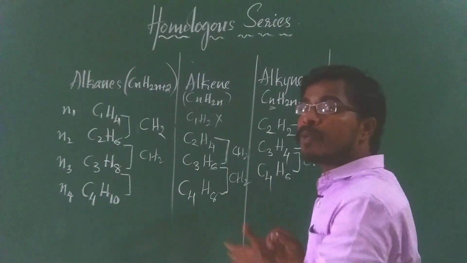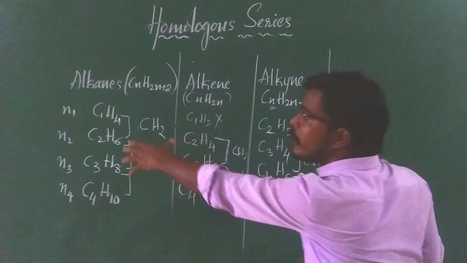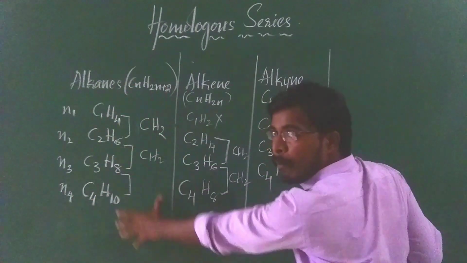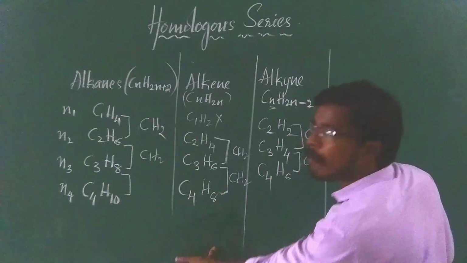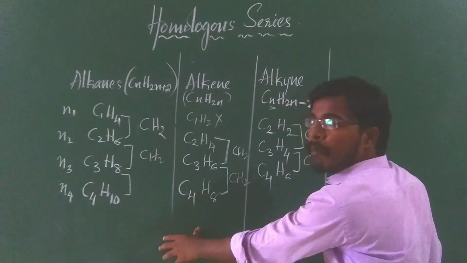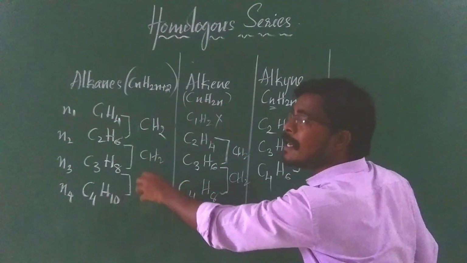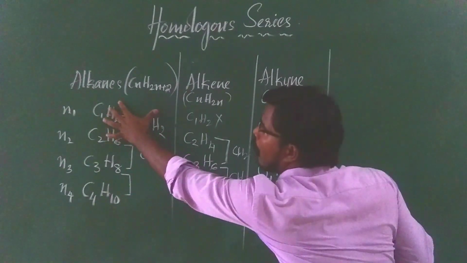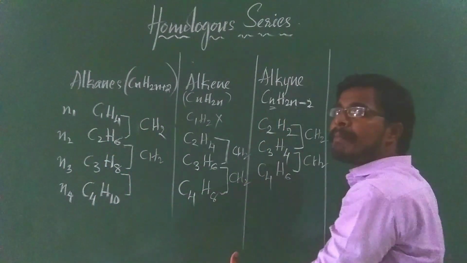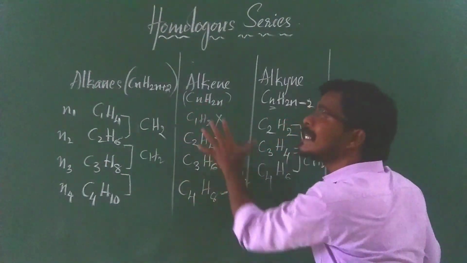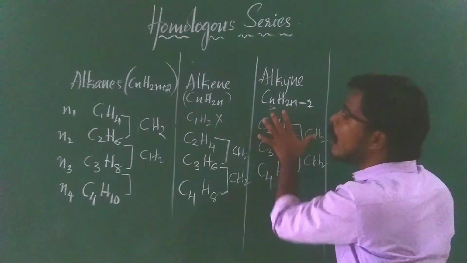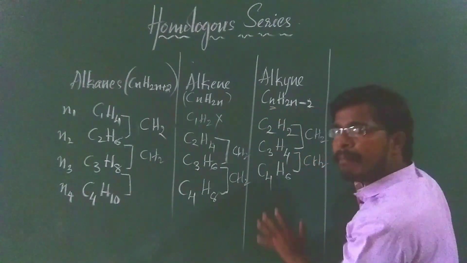So based on this, what you can understand is that whenever you are writing the carbon compounds, a group of carbon compounds will have similar structure. All alkanes have the same chemical properties, all alkenes have the same chemical properties, all alkynes have the same chemical properties.